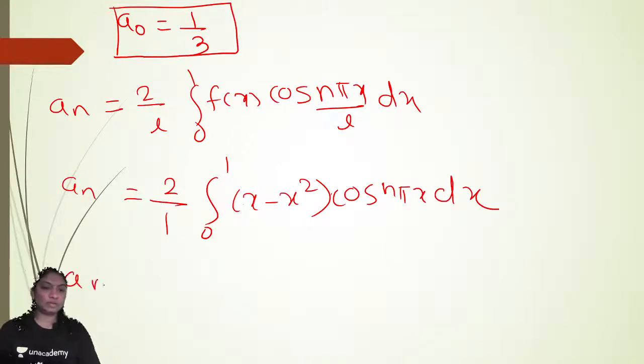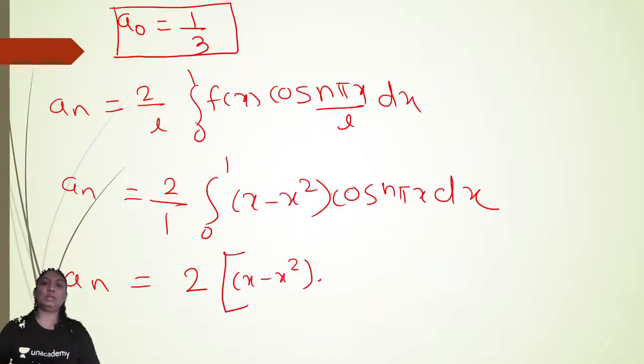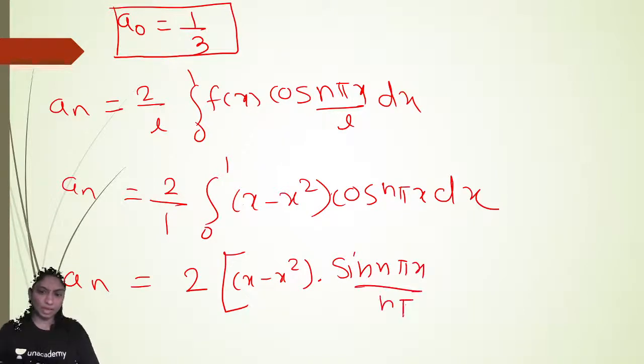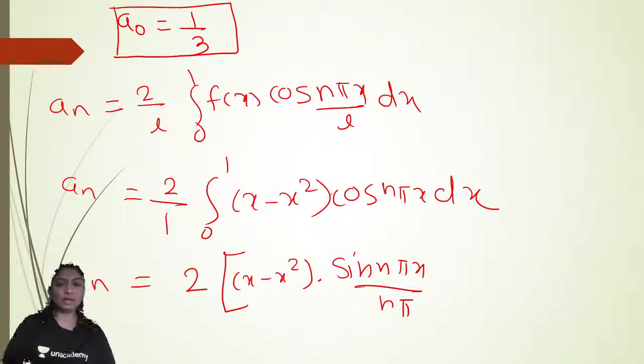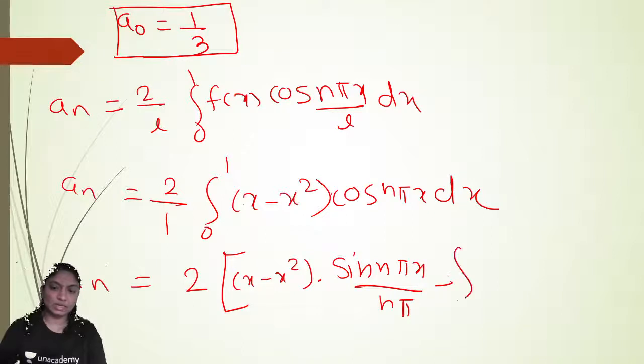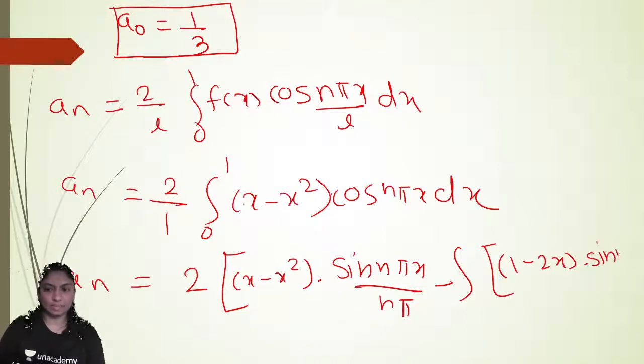So an is equal to 2 into bracket. Now you will use your u into v rule. So retain the first into integral of second, sine n pi x by n pi, right? So you will get minus integration of derivative of first. So here 1 minus 2x into integral of second, sine n pi x by n pi dx, right? I'm taking it in the next slide.